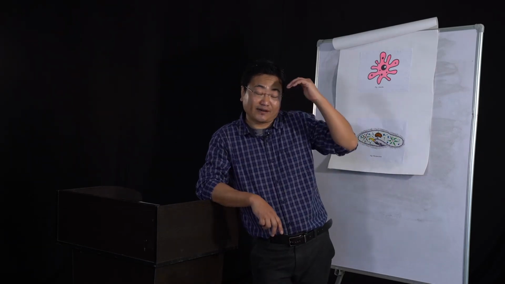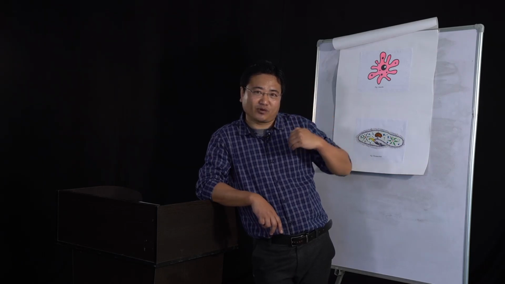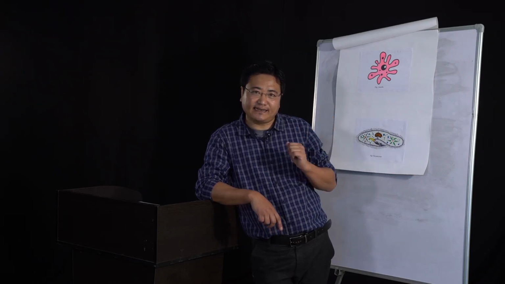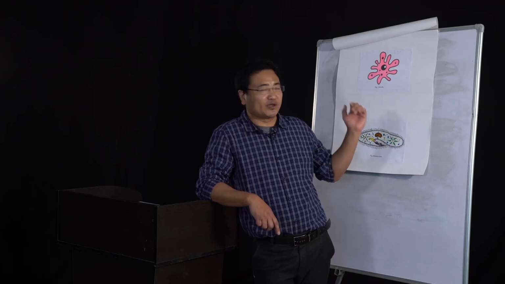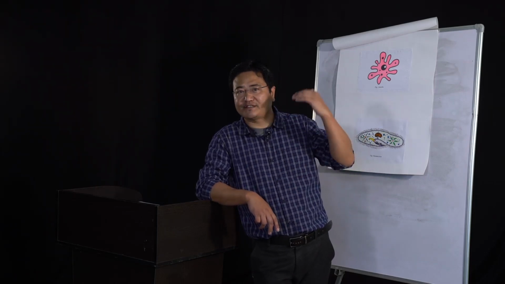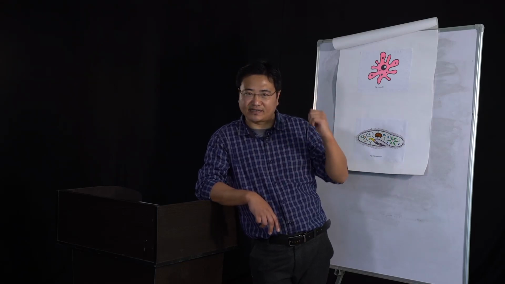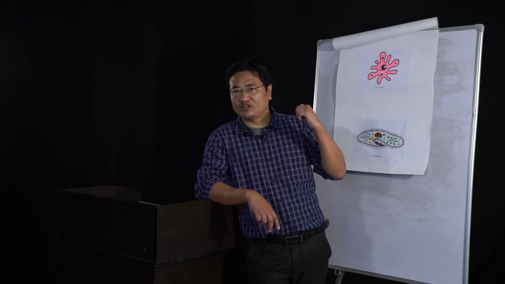Yes, the white blood cell in my body is just a cell. It's not an organism. But the amoeba is a full-fledged organism performing all the necessary functions for survival.